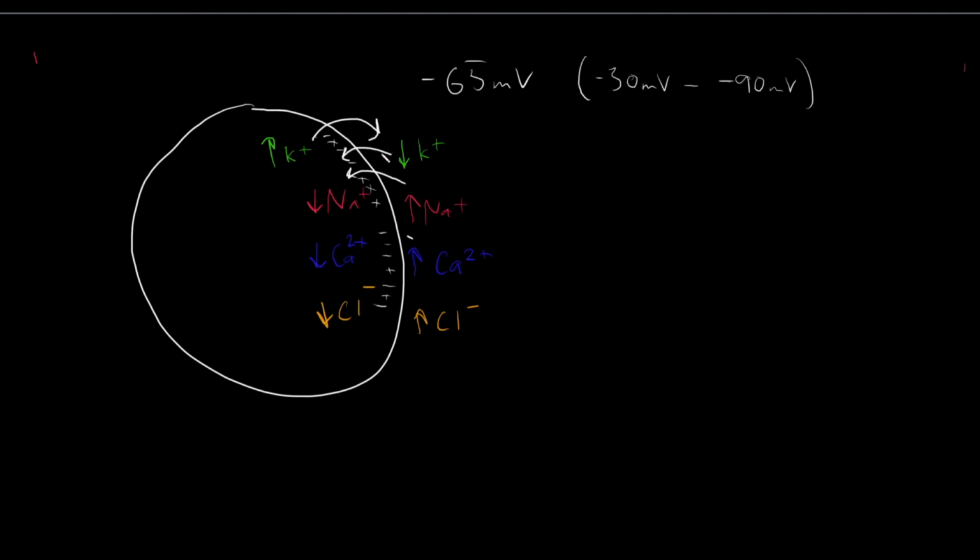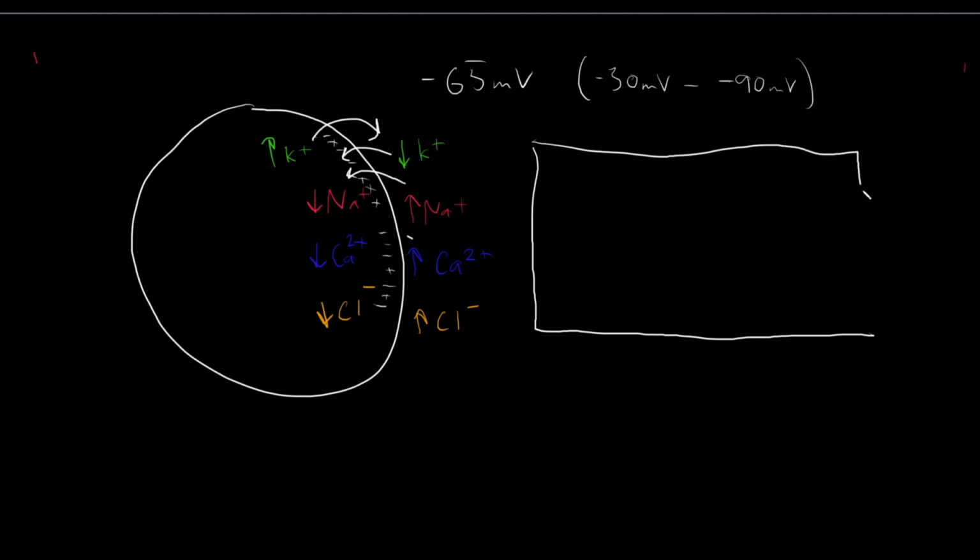But it also wants to go inside the cell due to this electrical potential. And so this creates what we call an equilibrium potential. So each ion has its own equilibrium potential, which is kind of a summation of this push-pull thing.